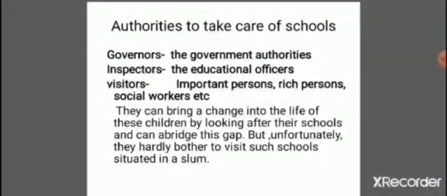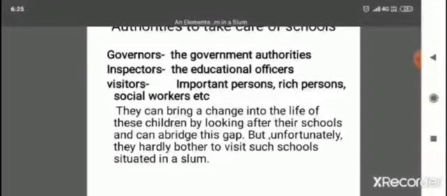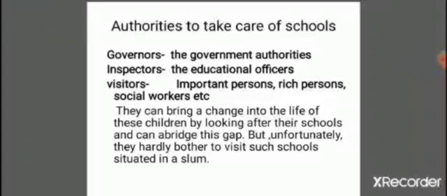Governors means the government authorities, inspectors means the educational officers, and visitors means any important persons or rich persons or social workers, like we have NGOs, etc. These are the authorities which can bring a change into the life of these children by looking after their schools and can abridge this gap. But unfortunately, they hardly bother to visit such schools because they are situated in a slum.